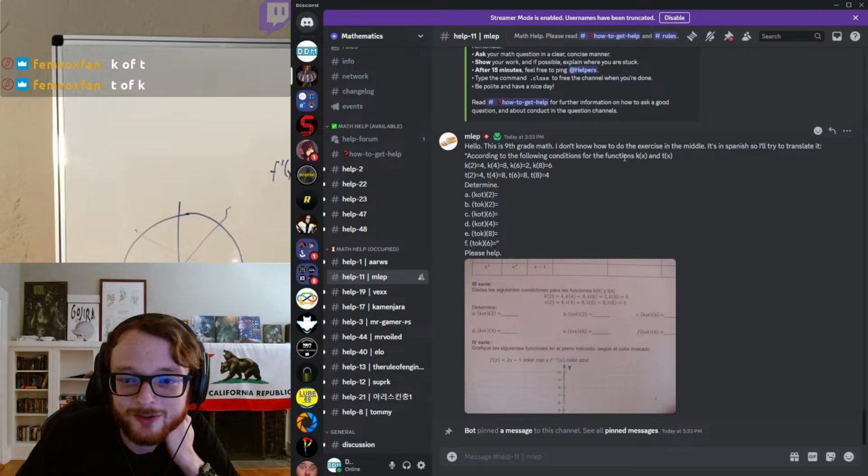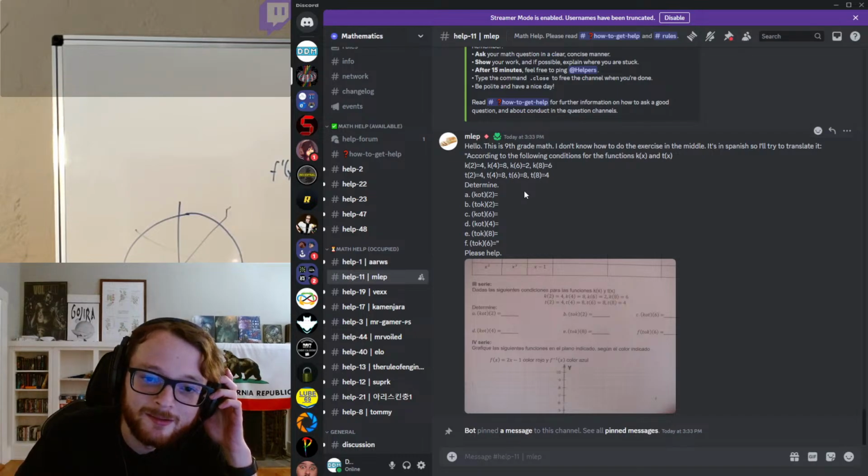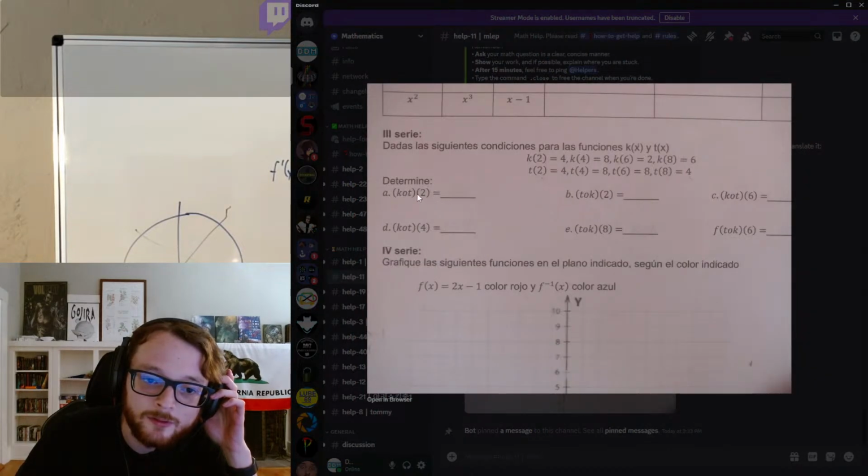According to the following functions for K of X and T of X. K and T are still weird functions to use, but... So they want K of T of 2 for the first one. So you start by getting... Oh, wait, is this the weird thing where it flips with this stupid circle notation?